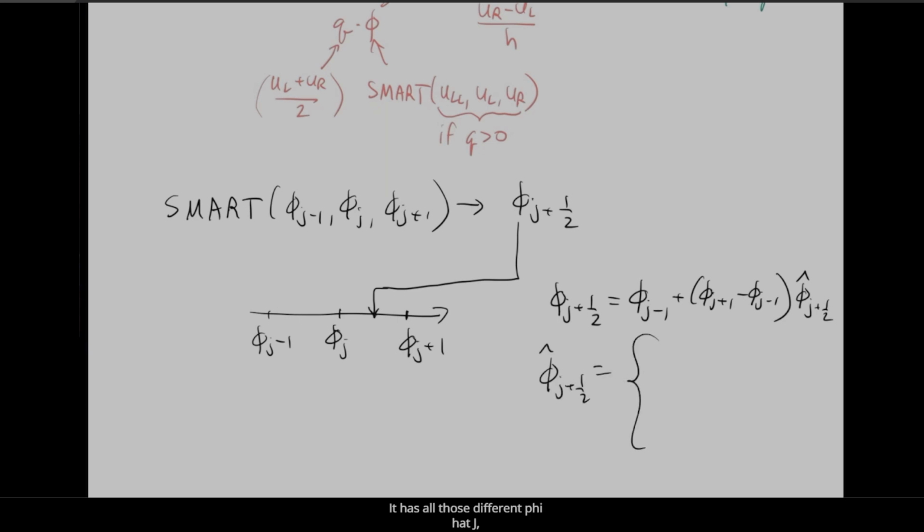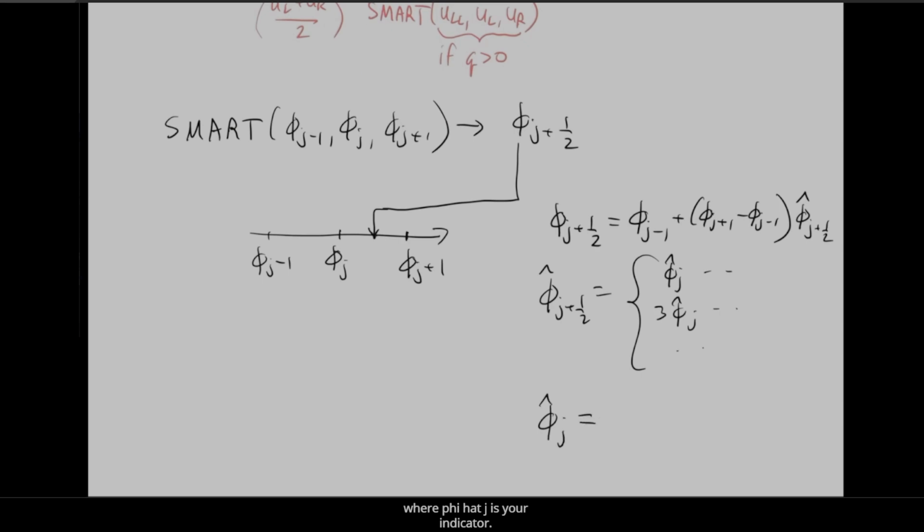It has all those different cases, where phi hat j is your indicator: phi j minus phi j minus 1, over phi j plus 1 minus phi j minus 1. Sorry, I think I misspoke when I said indicator for the value right here. This is, of course, the limiter value returned by the SMART formula using the indicator.